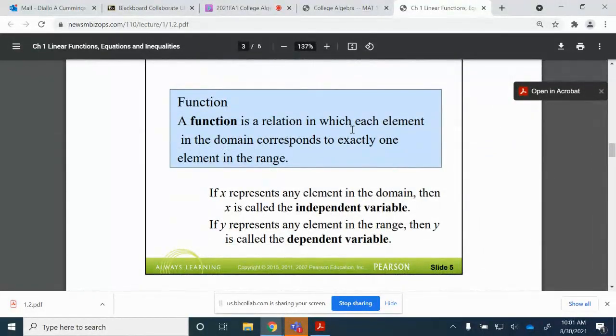It says that as far as a relation is concerned, okay, we just dealt with a graph. But as far as a relation is concerned, each element in the domain has to correspond to exactly one element in the range. So now let's determine if a relation is a function.